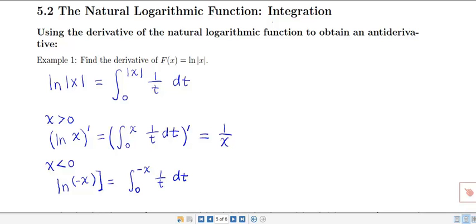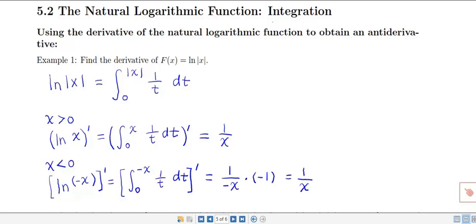Now remember, when we take the derivative of this integral, we have to use the second fundamental theorem and the chain rule. So we get the integrand evaluated at negative x times the derivative of negative x, which is negative 1. So the derivative is still 1 over x.